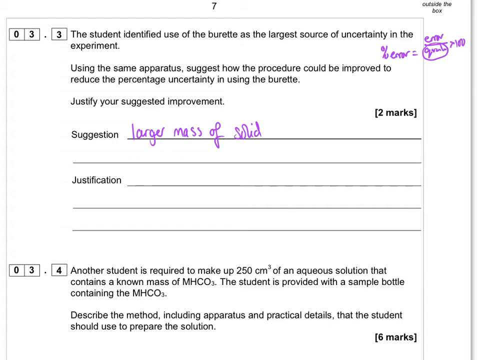If the concentration of the acid was more dilute, we'd need more of it to neutralise the metal carbonate. And the justification for that would be so you have a larger titre.